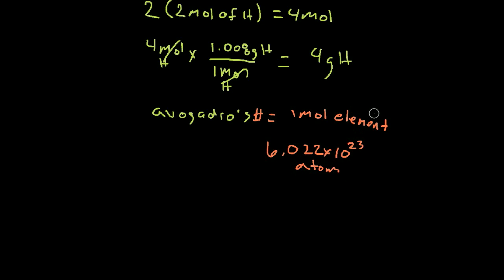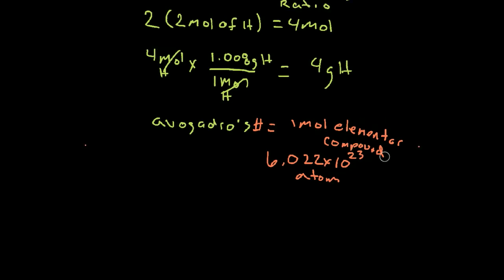So for every 1 mole of an element or a compound, you have 6.022 times 10 to the 23 atoms. It's the same thing as saying for every dozen of eggs, you have 12 eggs.